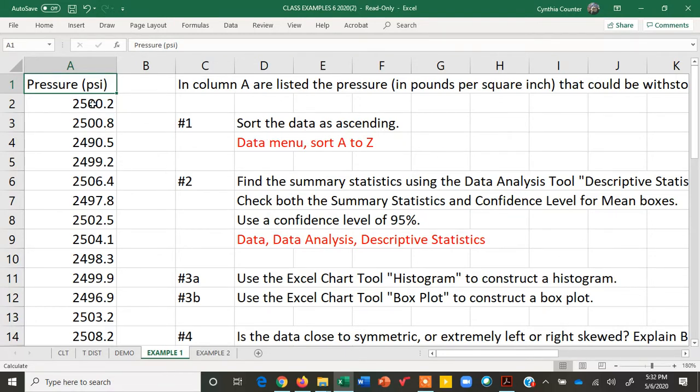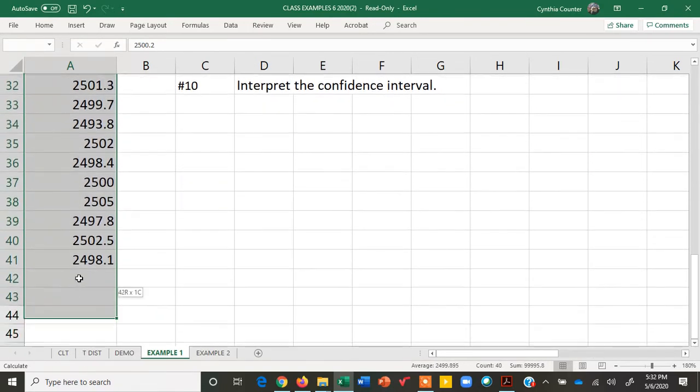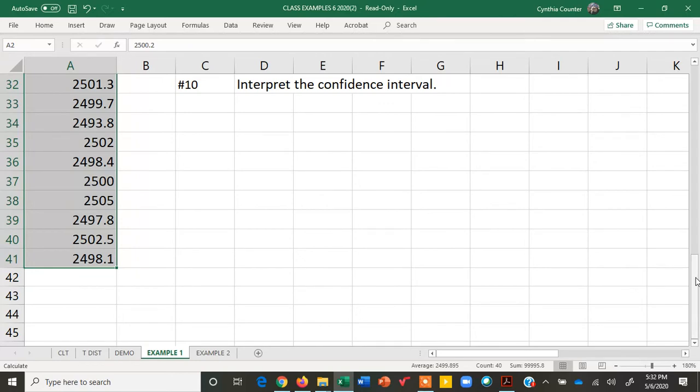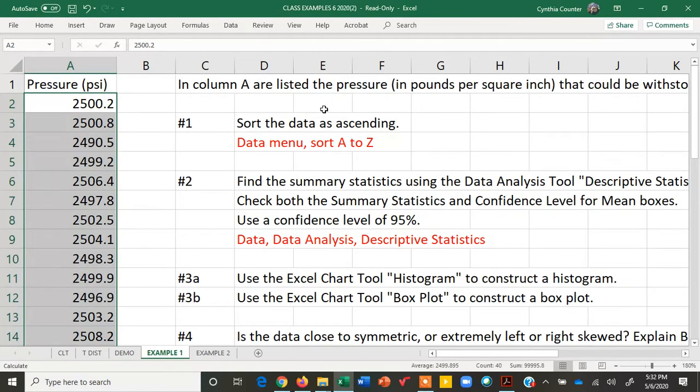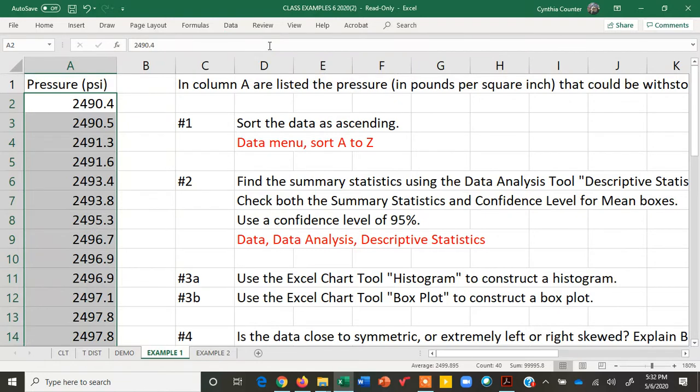So what I'm going to do is highlight all the cells that contain the data. Once they're all highlighted, then I'm going to go to Data, and here's the sort. And if I want to sort ascending, smallest to largest, we use the A to Z. So sort A to Z, and in the blink of an eye, everything is now sorted.